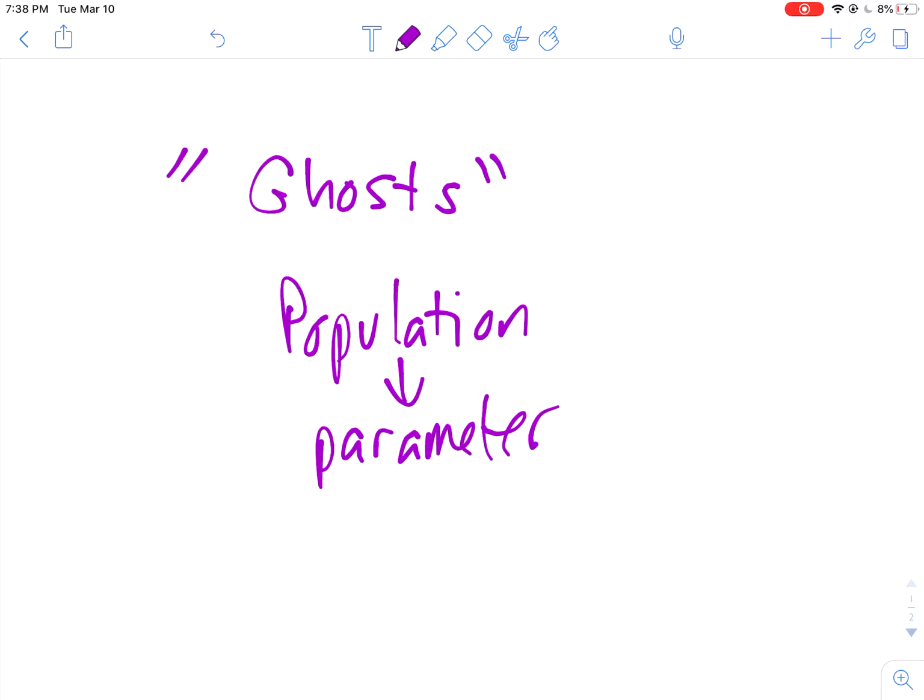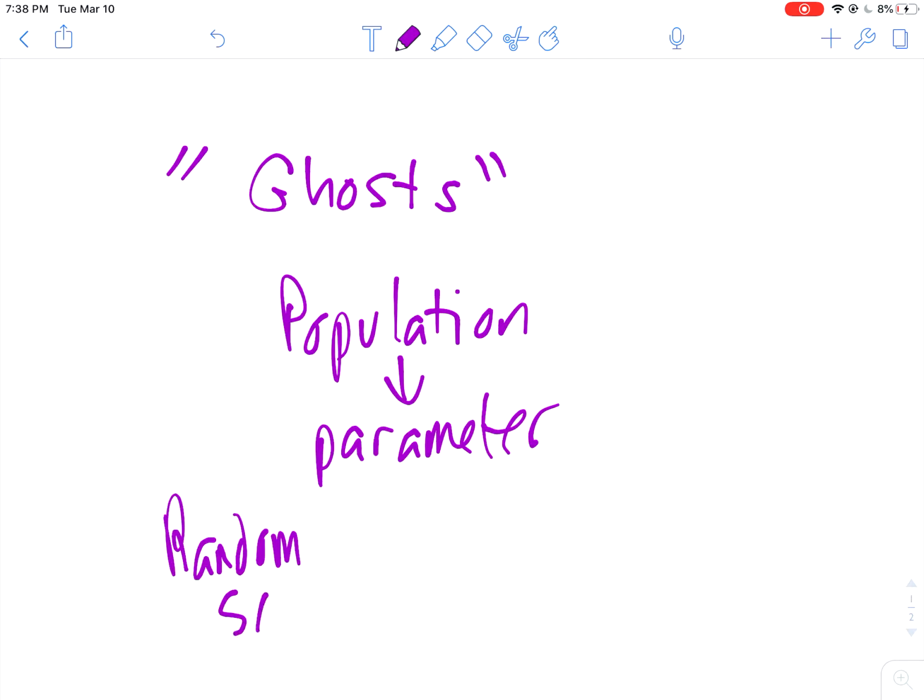So what do we do? We do a random sample. Ideally, that random sample is going to look something like your population. You always want your random sample to resemble your population. If you do a good one, it should. You get a statistic. Now, an uneducated statistician might say, okay, that's enough, let's generalize that.